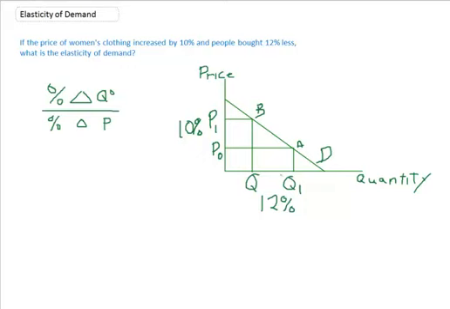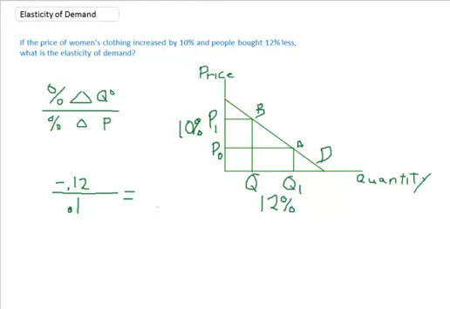And so in this case, using this formula, we would have 0.1 in the bottom standing for 10%, and a 0.12 on top. So 10% change in price, 12% reduction in quantity.